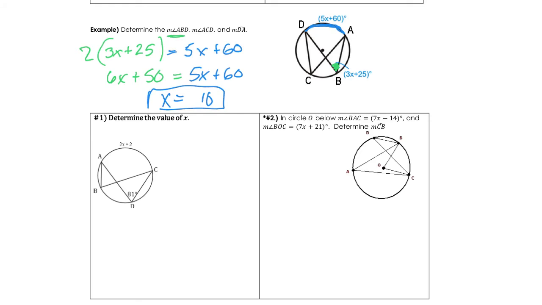A to B to D. That is this angle. Angle ABD equals 3x, which is 3 times 10 plus 25. So 30 plus 25, angle ABD is 55.